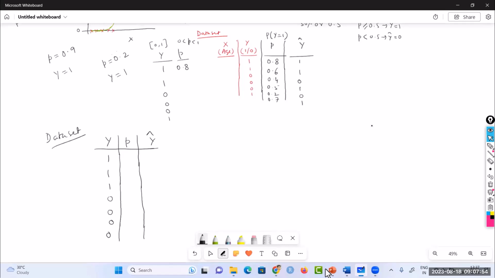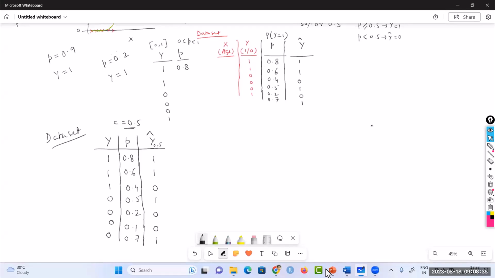The probability column has these values: 0.8, 0.6, 0.4, 0.5, 0.2, 0.1 and 0.7. Here I'm using the threshold value as 0.5. Based on this threshold value, I will create this predicted y column: 1, 1, 0, 1, 0, 0, 1.